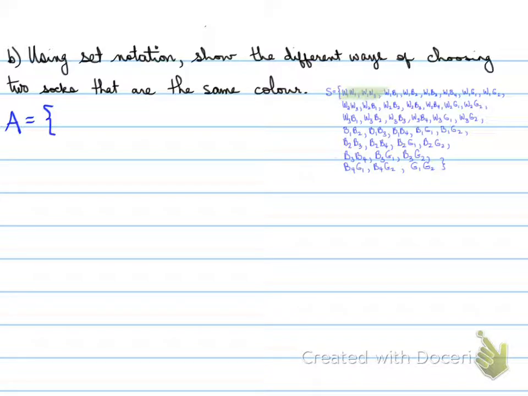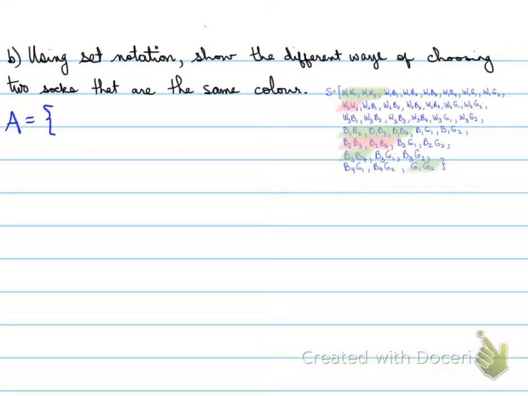So, white 1 and white 2, white 1 and white 3. Next, white 2 and white 3. Next, black 1, black 2, black 1, black 3, black 1, black 4, black 2, black 3, black 2, black 4, black 3, black 4, and finally G1, G2.